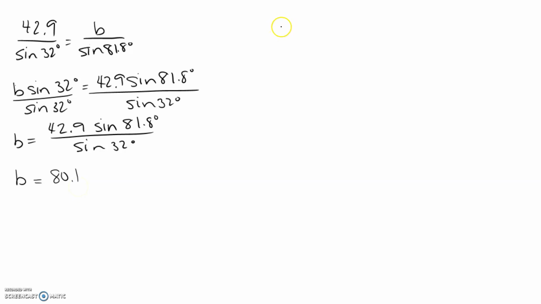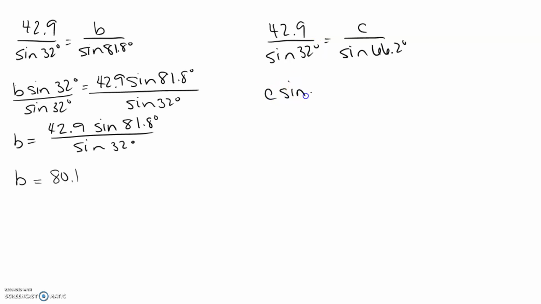Okay, for C, we have 42.9 over sine of 32 is equal to C over sine of 66.2. Again, I'm going to cross multiply. So C times sine of 32 is equal to 42.9 times sine of 66.2.